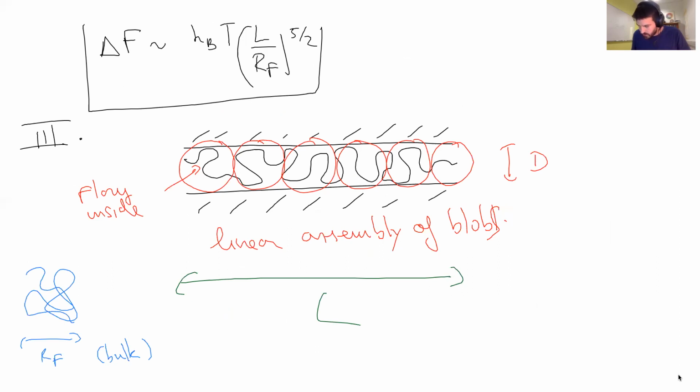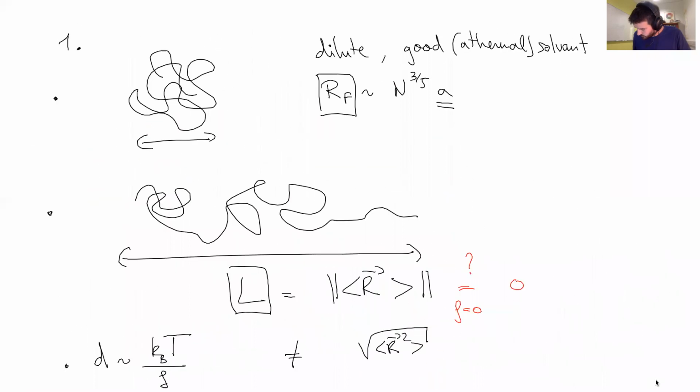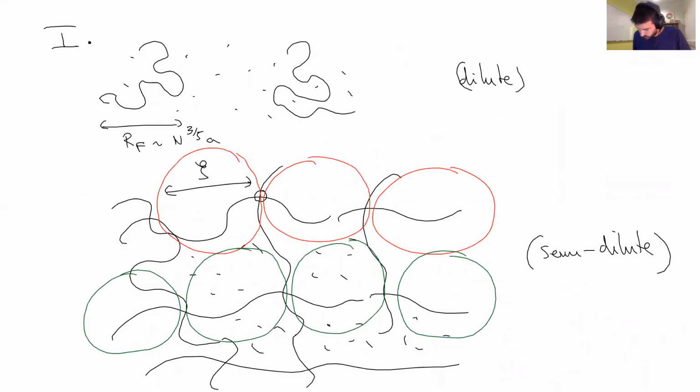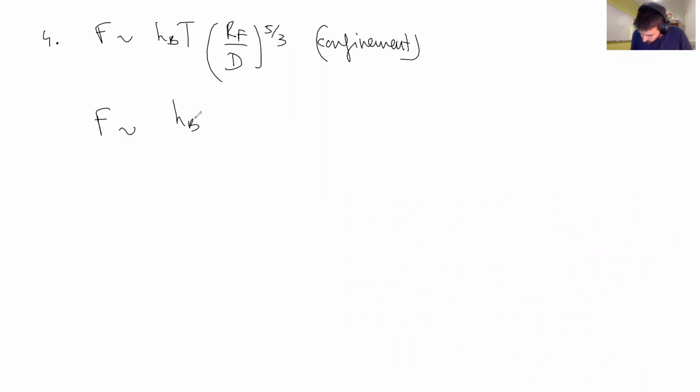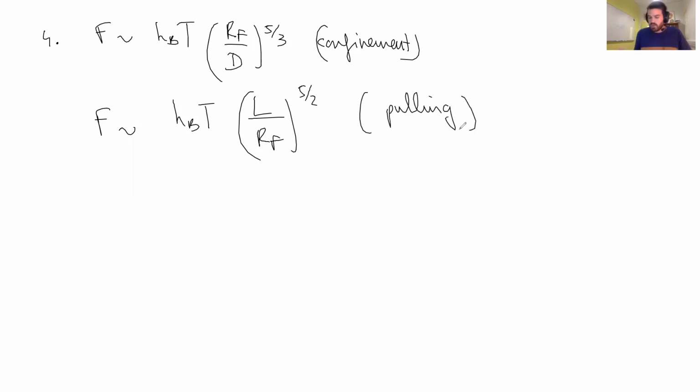Delta F is kbt L over RF to the 5/2. So it doesn't seem to be exactly the same, traction or pulling. I think I said pulling last time, so let's keep it. So let us see if really they are different.